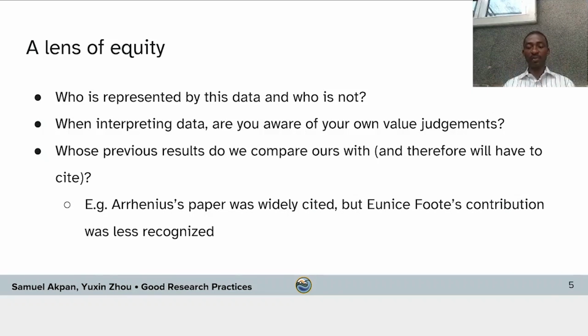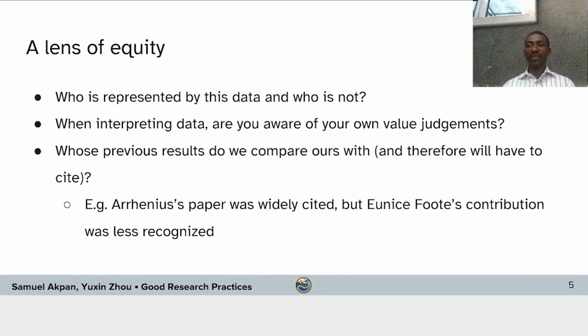This is to help them make informed decisions based on the result. And when interpreting the data, are you aware of your own value judgments? You might tend to focus more on data that has direct impact on you while you ignore data that has direct impact on others. If many people keep focusing on data that has impact on a certain population, of course, that will bring in inequality, and we should try as much as possible to avoid that.